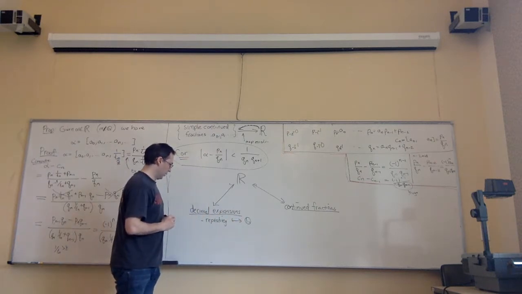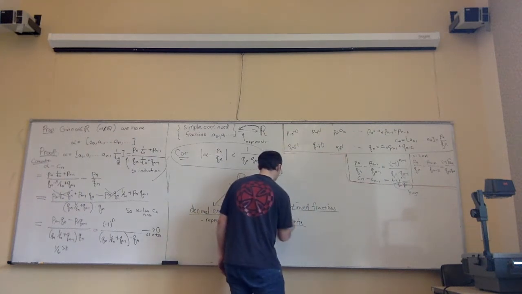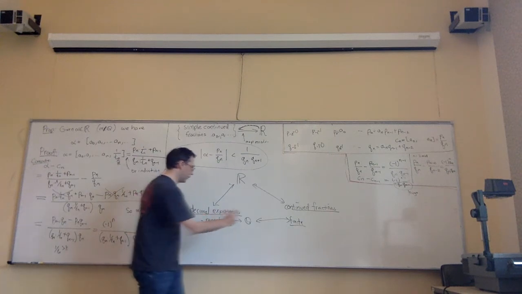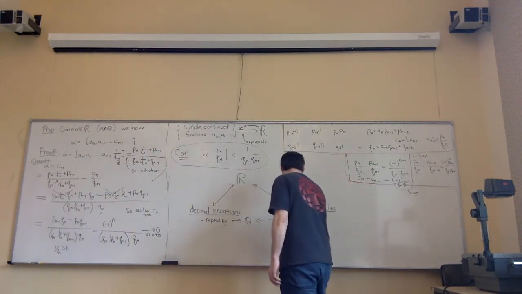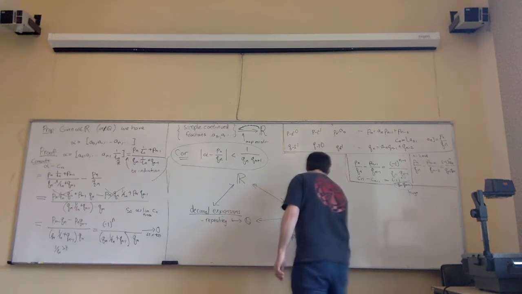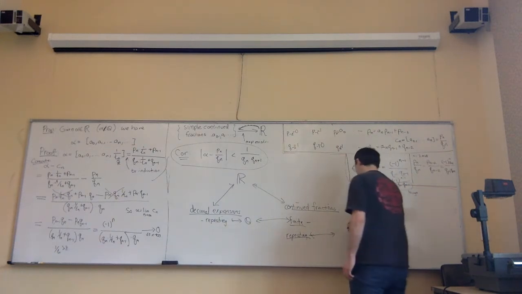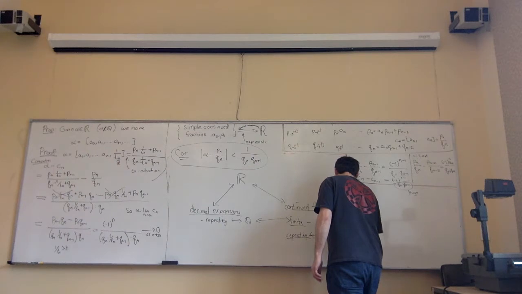And with continued fractions, the finite ones correspond to rational numbers. And then over here you have this whole new level, namely you have repeating ones, and these correspond to roots of quadratic polynomials. So roots of quadratics.